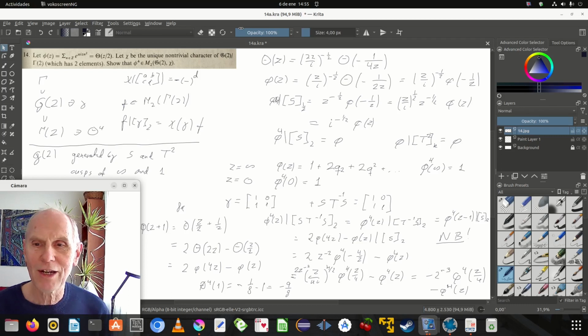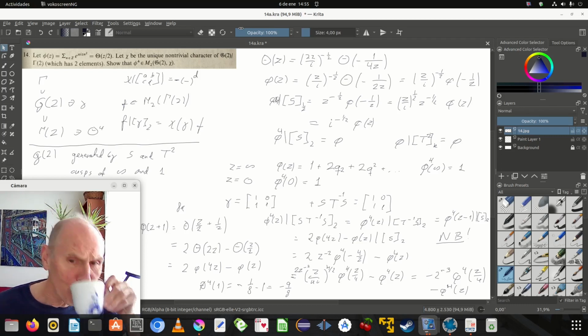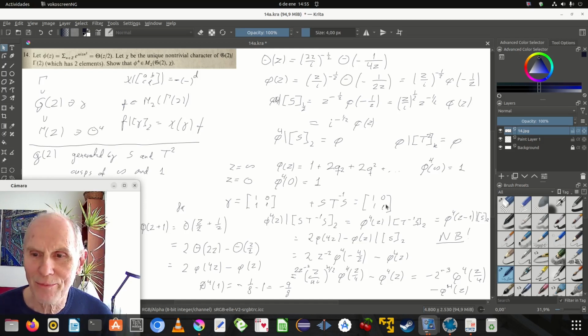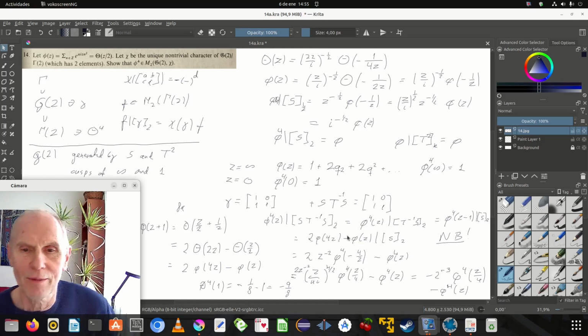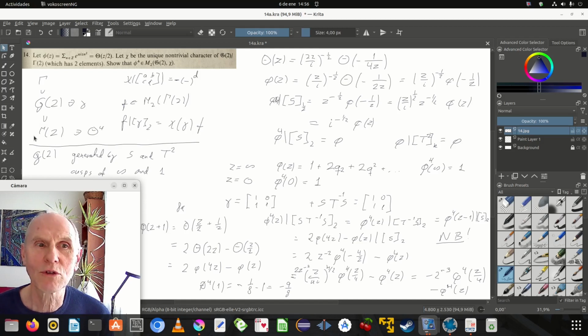I have had my lunch, made a cup of coffee, and after lunch I looked a little at what I've done. It worried me that I got z divided by 4, because this is a group of level 2.